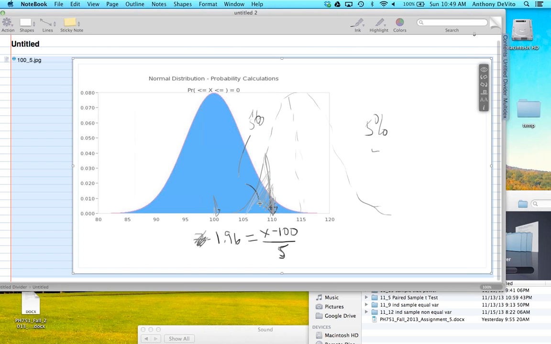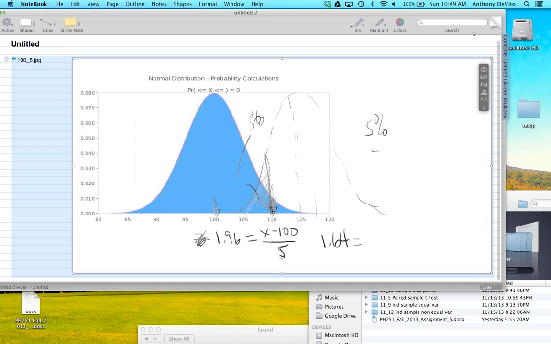Now I need the z-score for this population to get an area there of 5%. The z-score I need there is 1.64, right? Or 1.68? I forget. I'm going to use 1.64 for now. You can look it up later on.